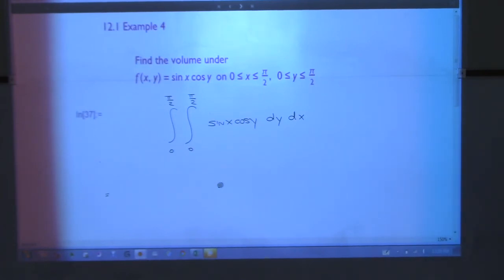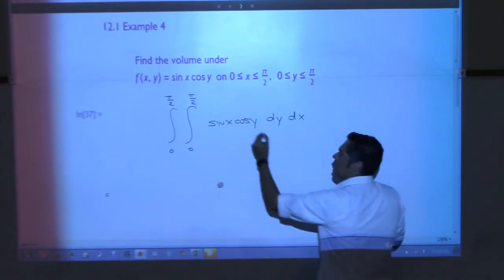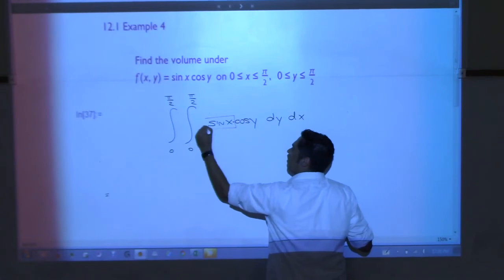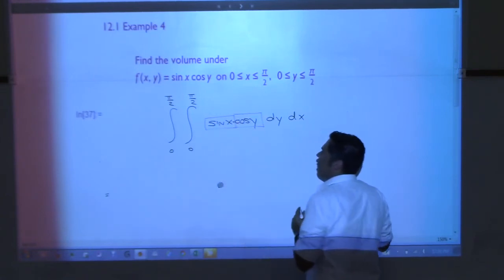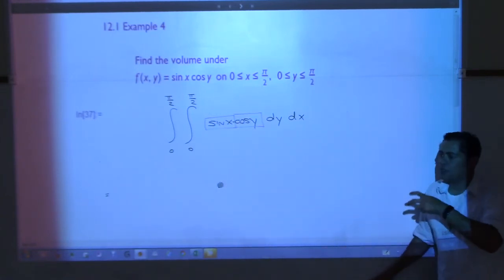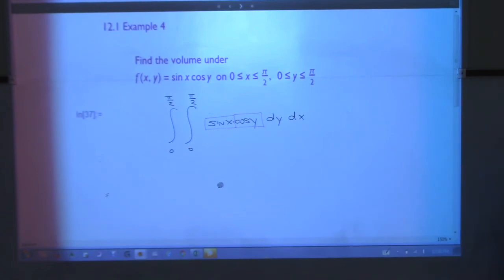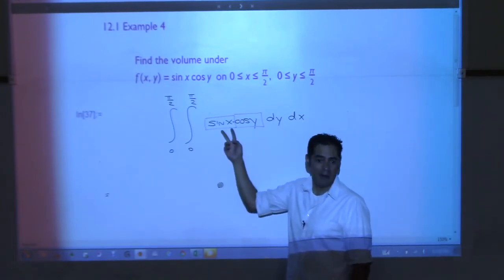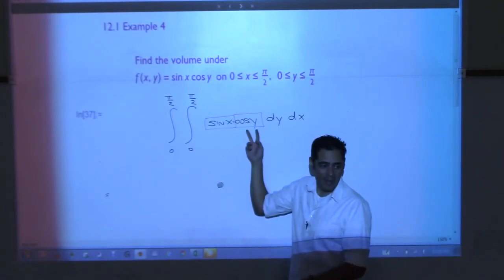This theorem says that if you have multiplication in here, and you can separate these two functions, sine x and cosine y, and they both individually only contain a single variable. So like sine of x has nothing to do with y, right? And cosine of y has nothing to do with x, right?